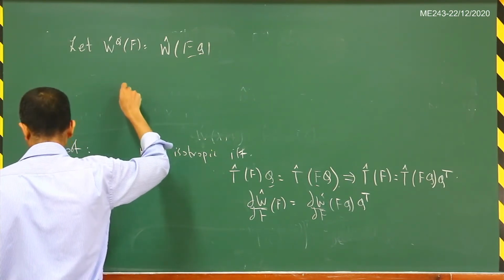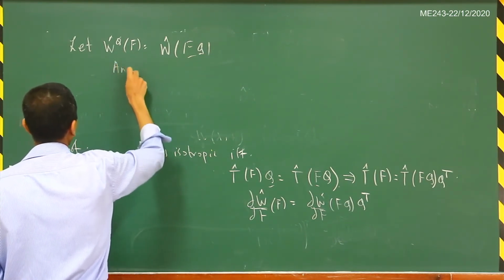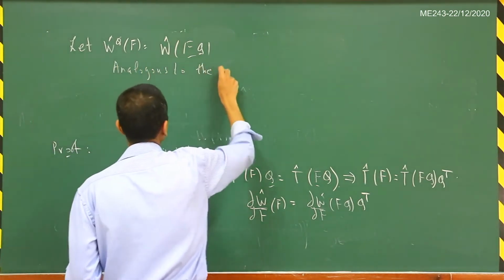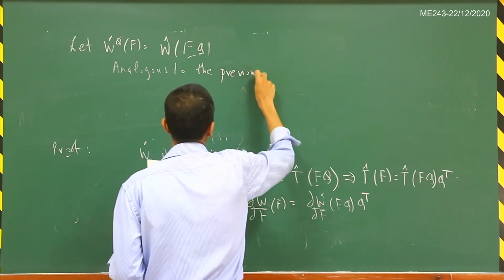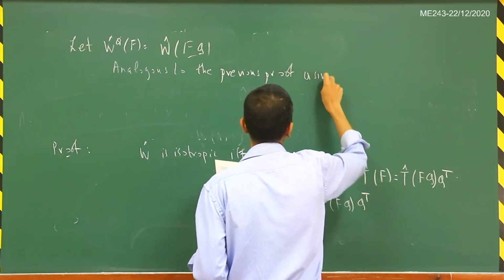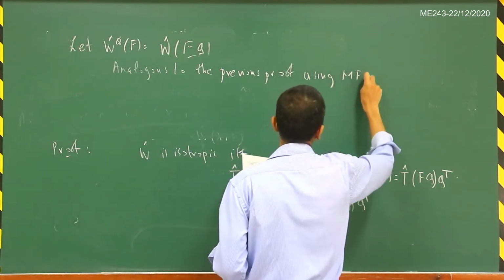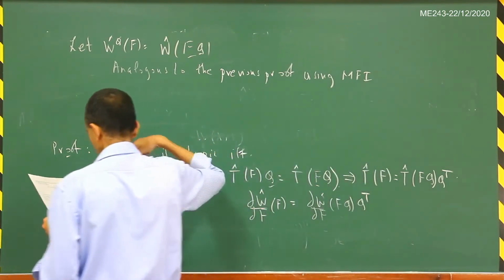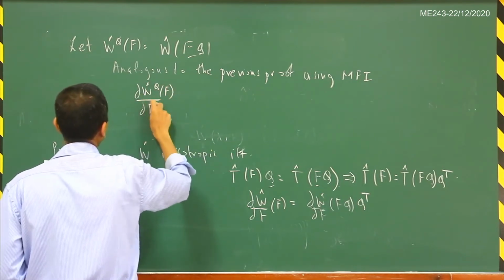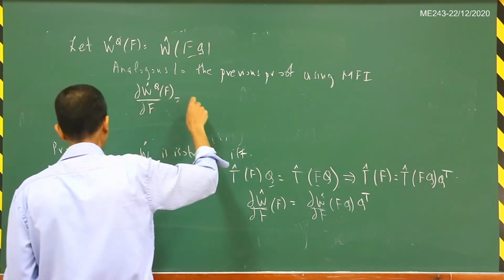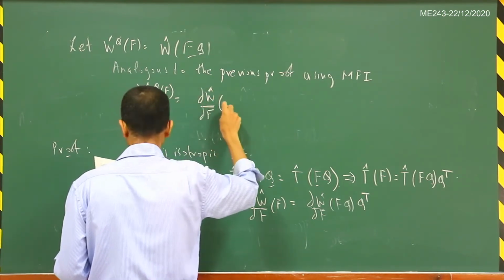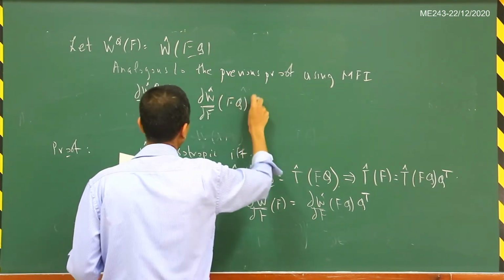You will get that, analogous to the previous proof using MFI, material frame indifference, in this particular case, del W_Q of F by del F is equal to del W hat by del F evaluated at F Q times Q transpose.